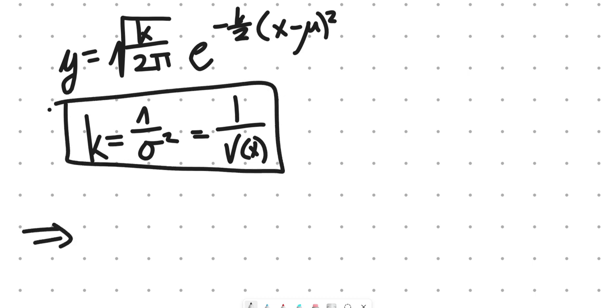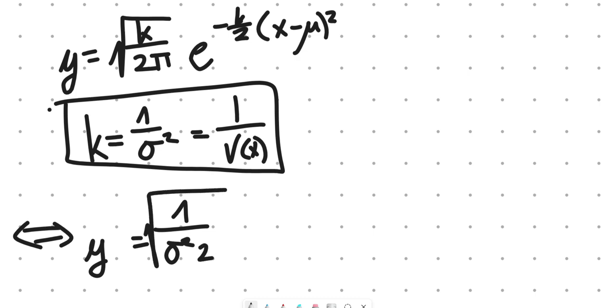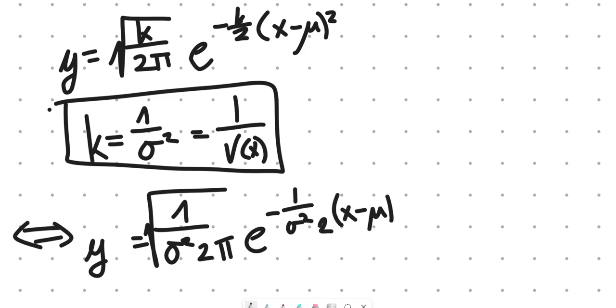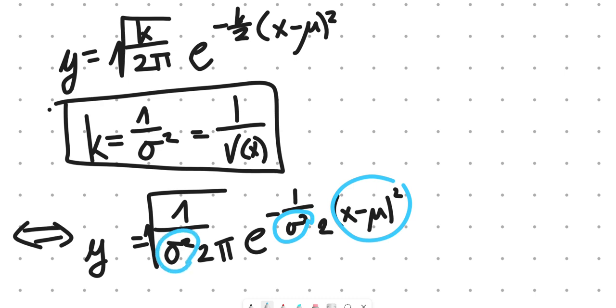So we would get y is equal to 1 over sigma squared, root 2 pi, e to the negative 1 over sigma squared times 2 times x minus mu squared. Since we have the square and the square root, we can put this in one fraction, and the square root will cancel out.